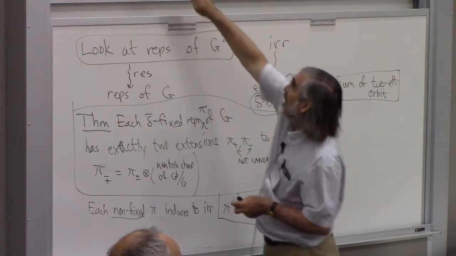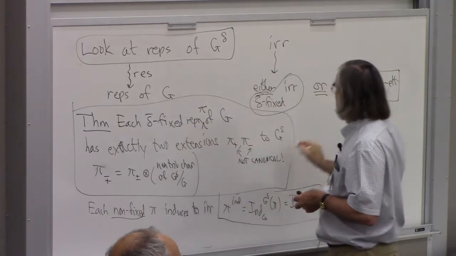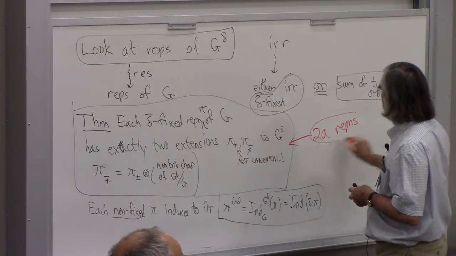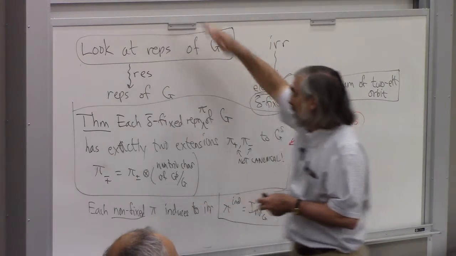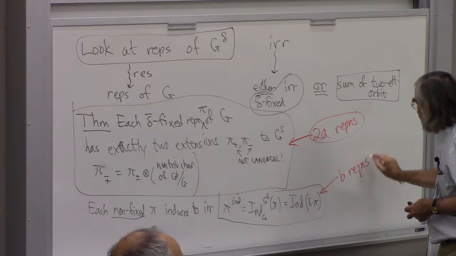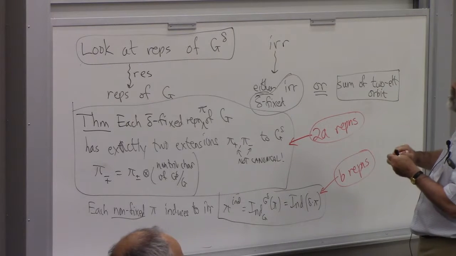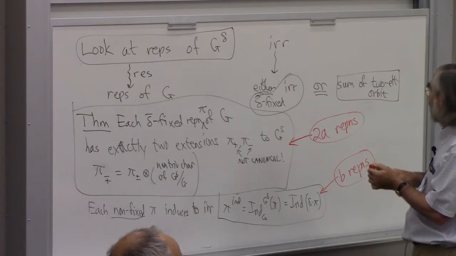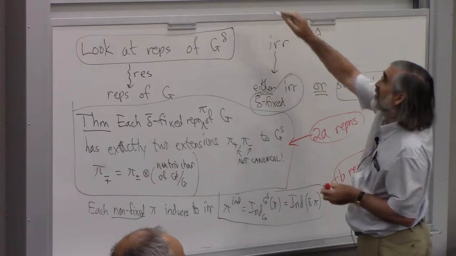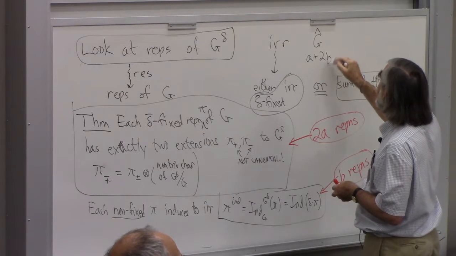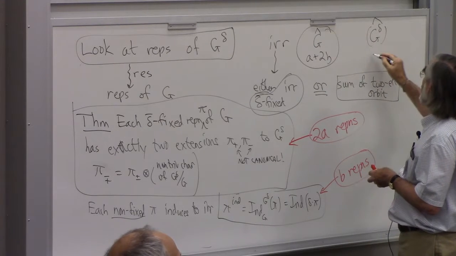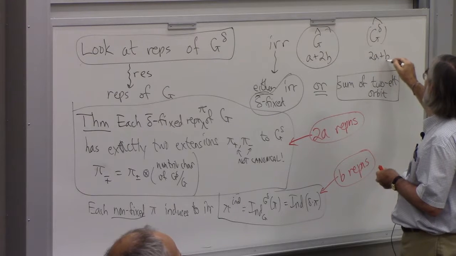I had A of these fixed representations, and so this is 2A representations. And I had B of these pairs, each of which is giving me 1, so this is B representations. So the number of representations has gone, well, this G hat has order A plus 2B, and the G delta hat has order 2A plus B.